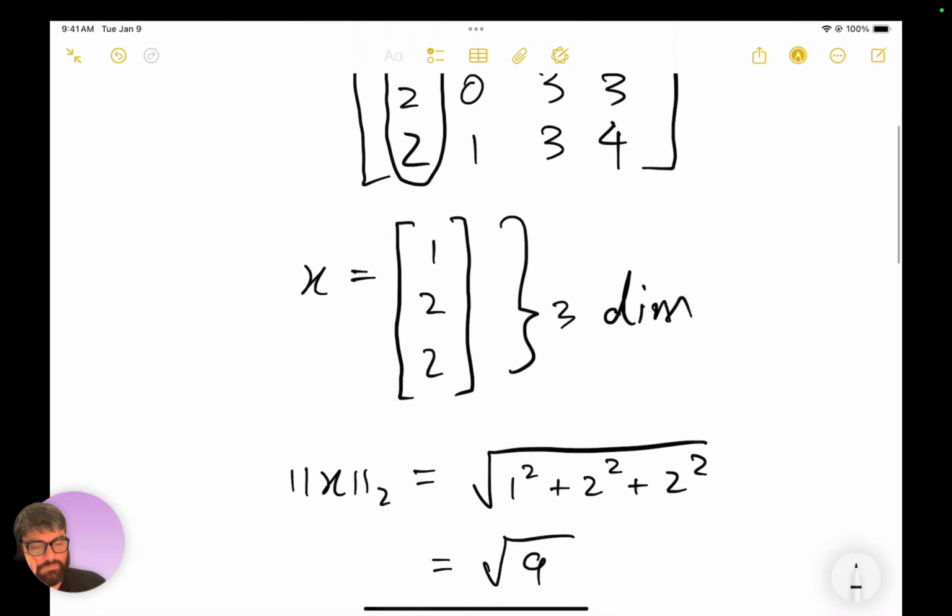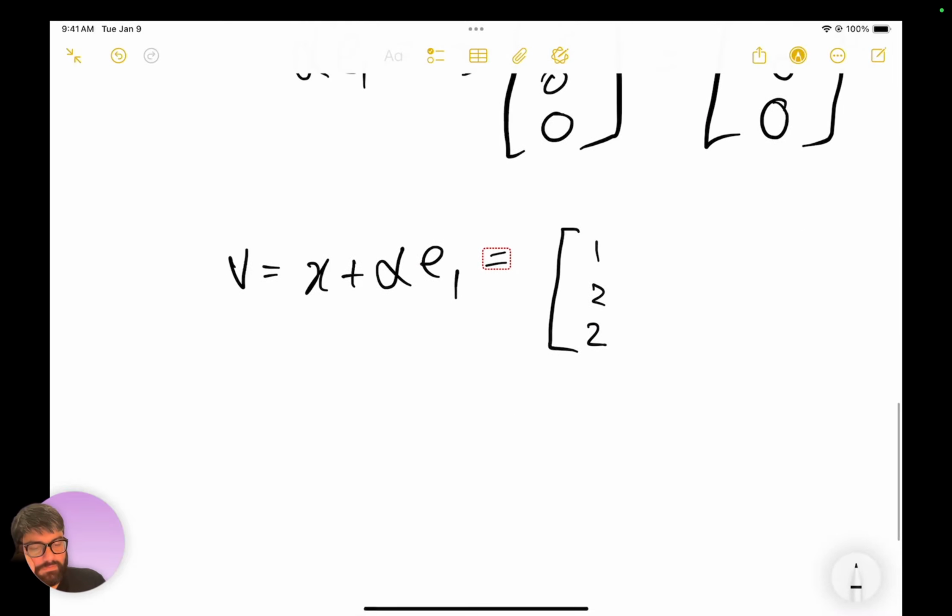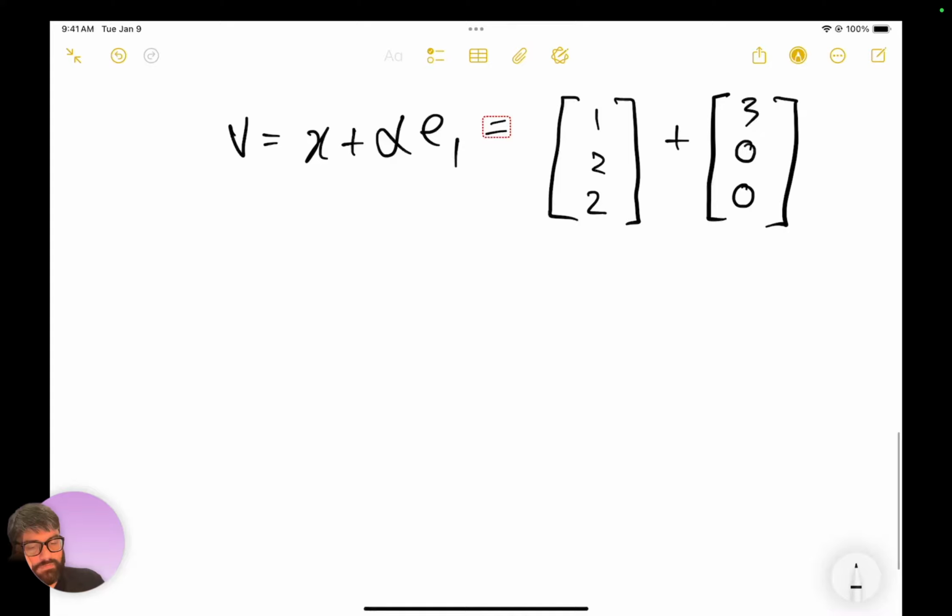That's correct. And alpha E1 is 3, 0, 0. So that equals 4, 2, 2.